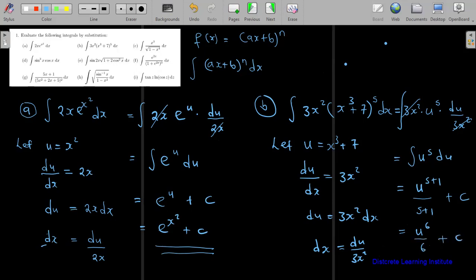Again, we have to write this in terms of x. So you replace u back. The final solution will be x to the power 3 plus 7, all to the power 6, divided by 6, plus c. So that would be your solution.